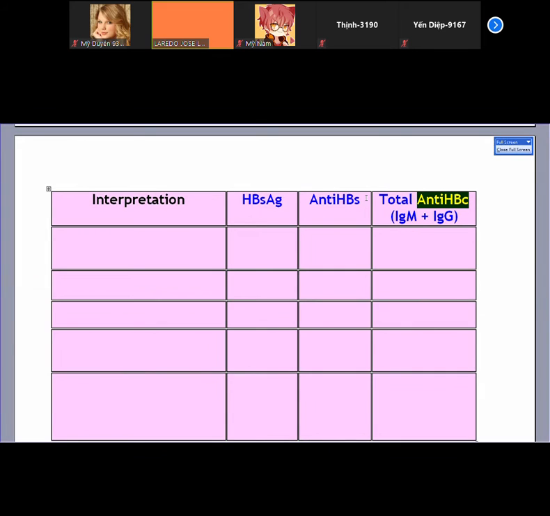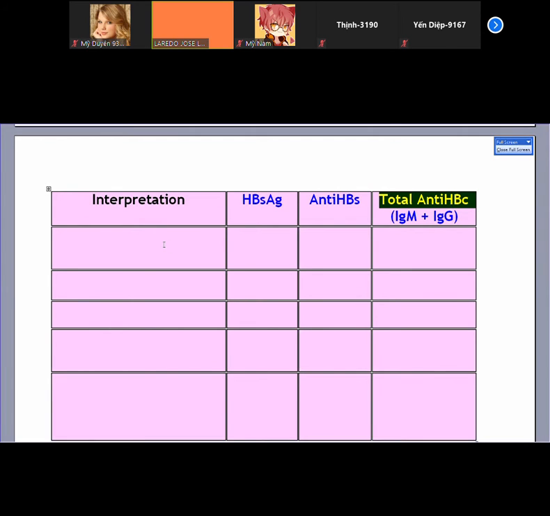By the way, when I say total antibodies against the core, it means IgM and IgG at the same time. These three tests are the tests that we use for the diagnosis of hepatitis B in the beginning.